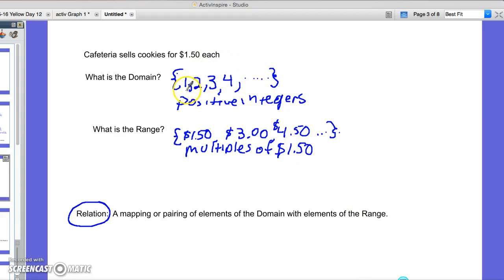So for 1 cookie, I'd have $1.50 is what I'd pay. For 2, it would be $3. For 3, it would be $4.50. We can see that I've got a mapping here of elements of the domain and elements of the range, a pairing of them. So this is a relation.